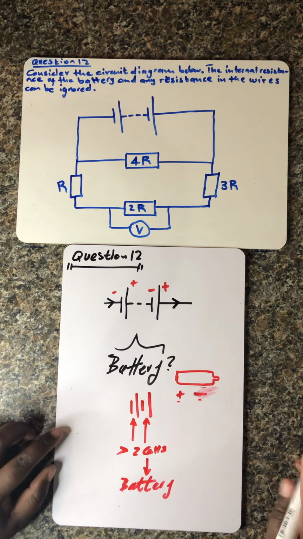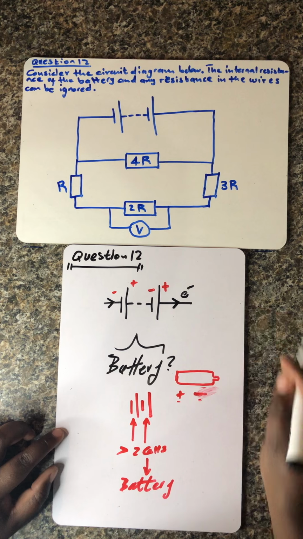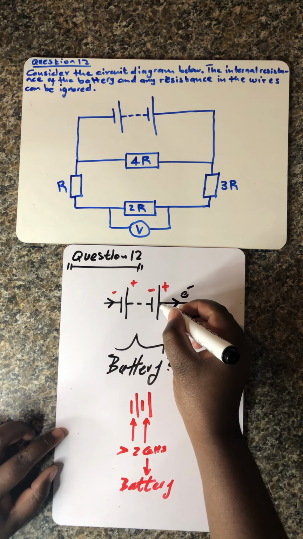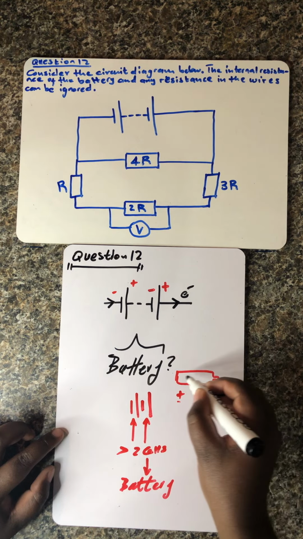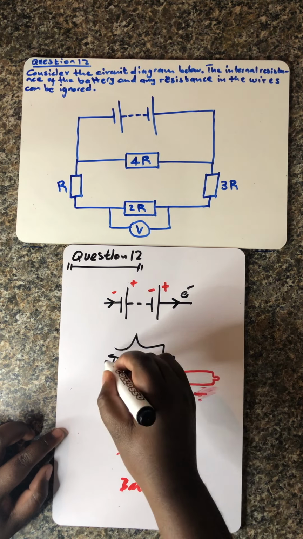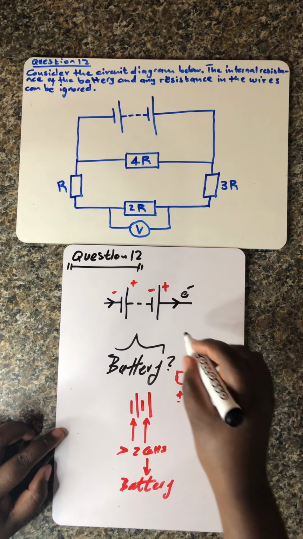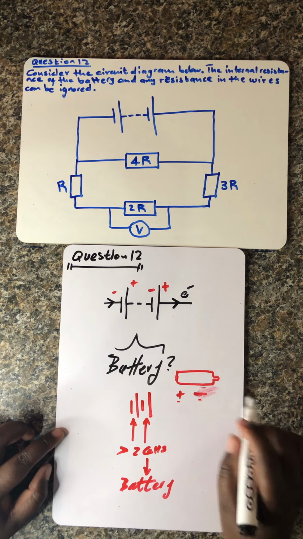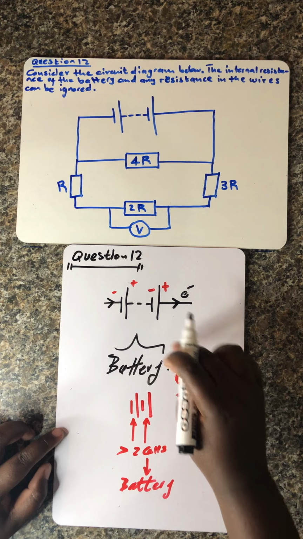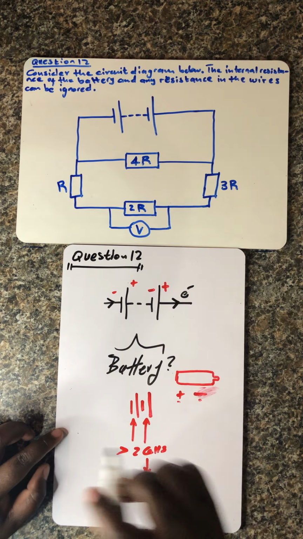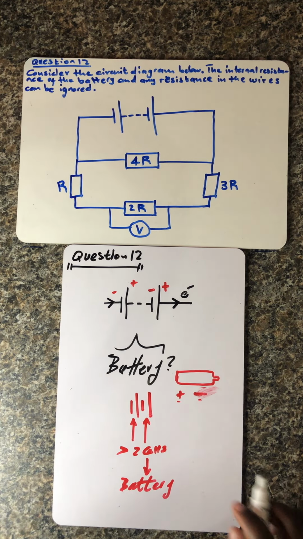So that means the current flows from the positive, then flows through the circuit if it's series. If you've got a parallel, then when it gets to the parallel branch, it splits and then it joins, then it connects to the other side of the battery, which is the negative side.